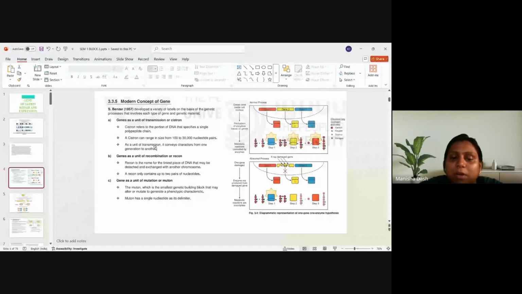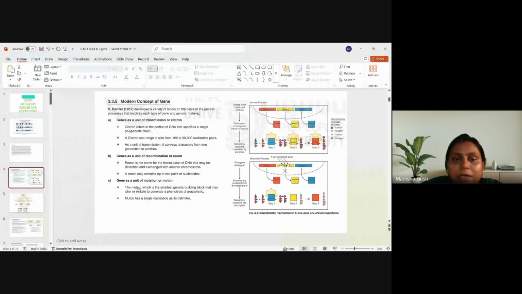Similarly, from the molecular point of view, genes are segments of DNA capable of undergoing recombination. So this could also be treated as a unit of recombination. Again from the molecular point of view, the gene is a sequence of DNA where a sequence change or any change in the structural formation of the DNA could lead to an alteration in the phenotypic character.